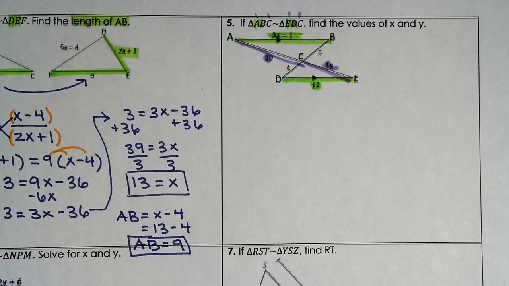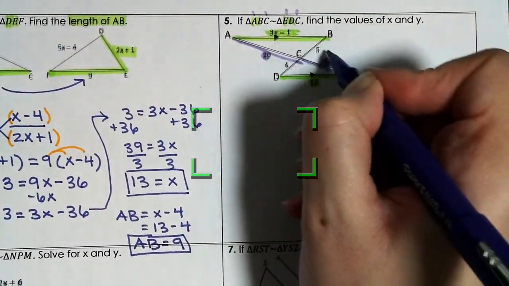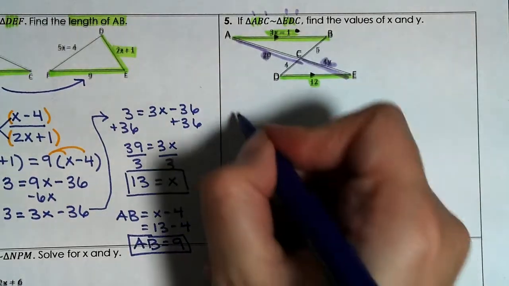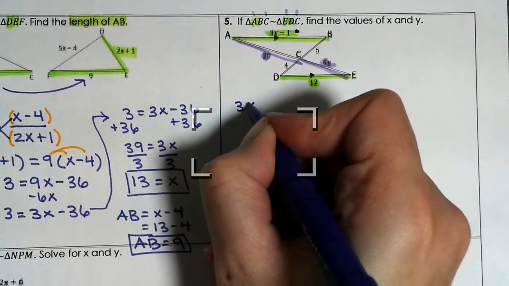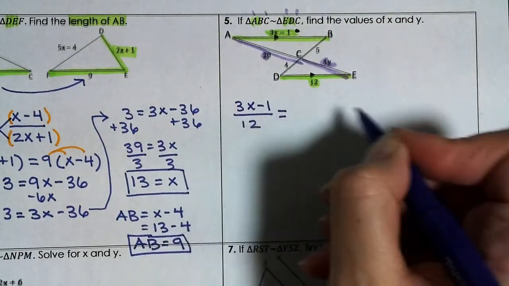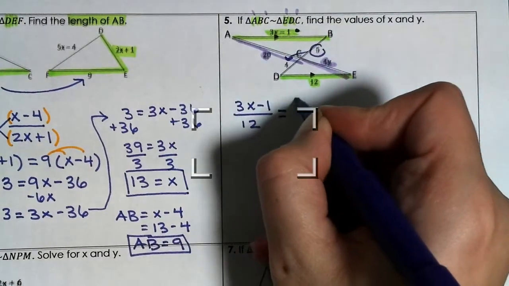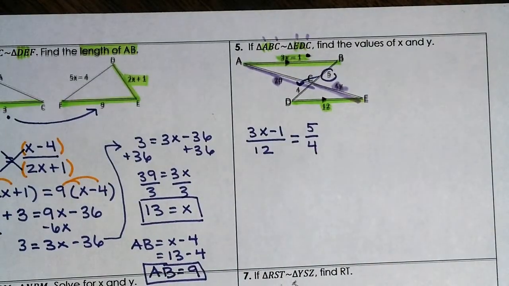So my first proportion, if I start with this triangle over here, I can say that 3x minus 1 over 12 should be equal to 5 over 4, because those don't have variables in them. So if they don't have variables, then that's helping me find my scale factor.